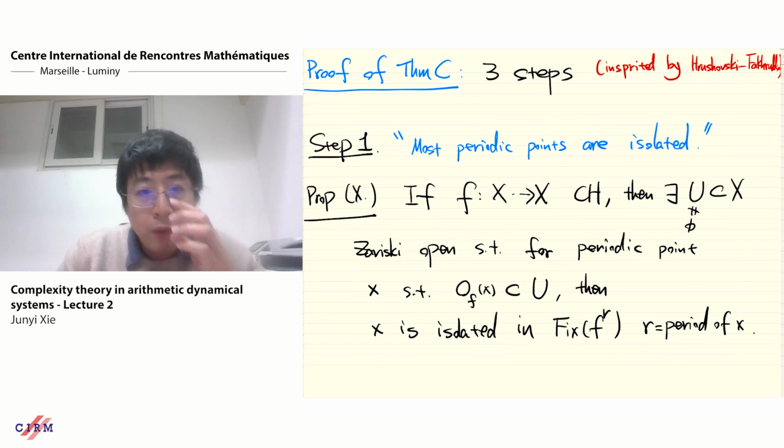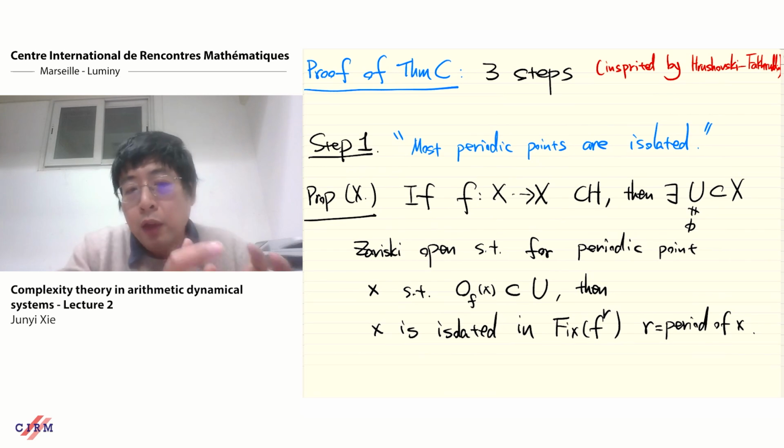Okay, so our first step is to show that most of the periodic points are isolated. So in the cohomologically hyperbolic case, most of the periodic points are isolated.